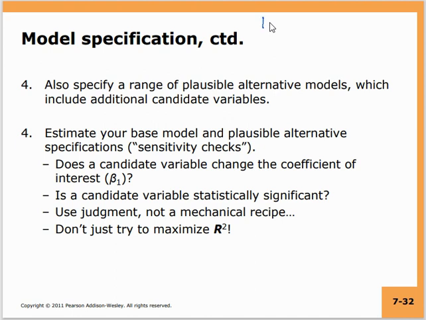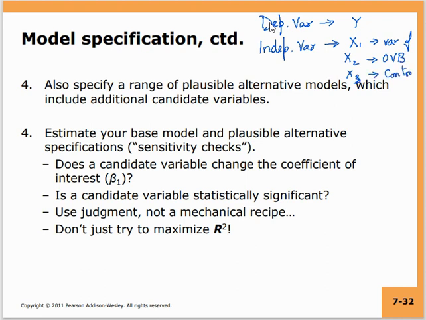So you have one dependent variable, that is y. You may have different kinds of independent variables, that is x1, x2, x3. So x1 may be your variable of interest, but x2 may be something that you include to avoid omitted variable bias, x3 may be a control variable, and many other variables might be there.